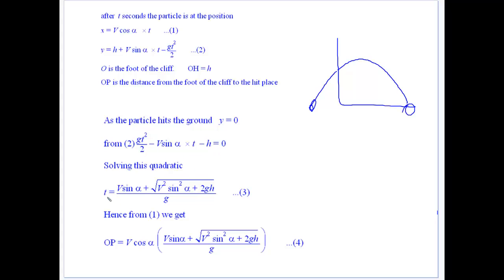If we solve that quadratic, we get t equals v sine alpha plus the square root of v squared sine squared alpha plus 2gh, all over g. We only take the positive because yes, we would get two spots, but we want the positive. The negative one would be before time existed, so we ignore the negative on our quadratic. So therefore, we get this situation. If we sub that in for t, we get v cos alpha times t, and that would give us our distance of OP.